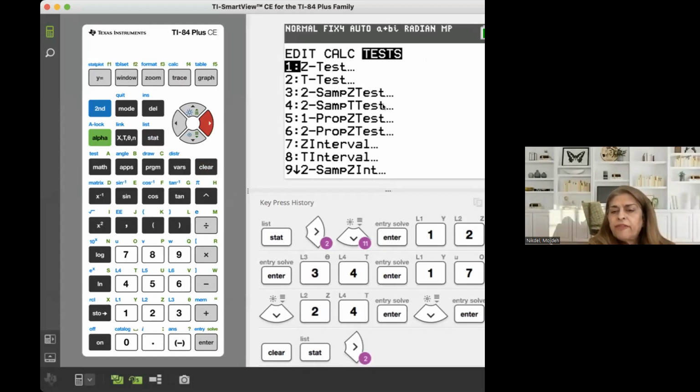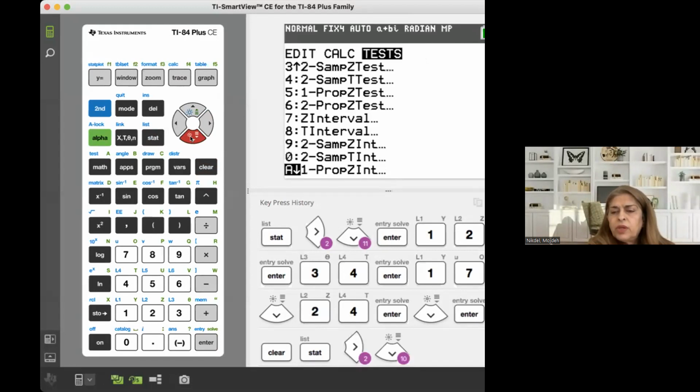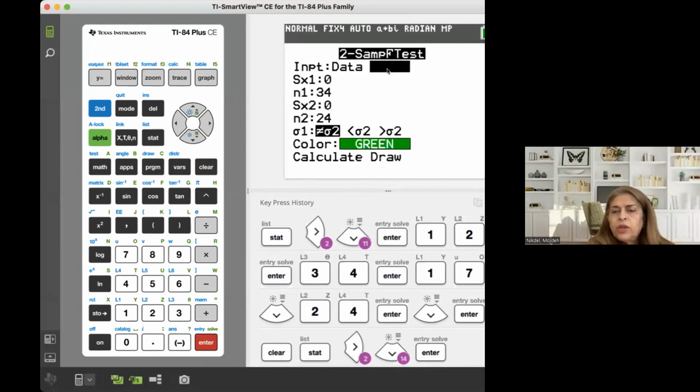I don't see the F test in the first window. Two-sample T int, chi-square test, two-sample F test. Under input, I put the statistics. It is already on statistics.